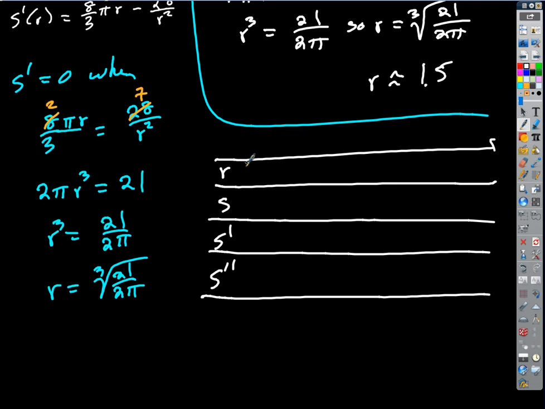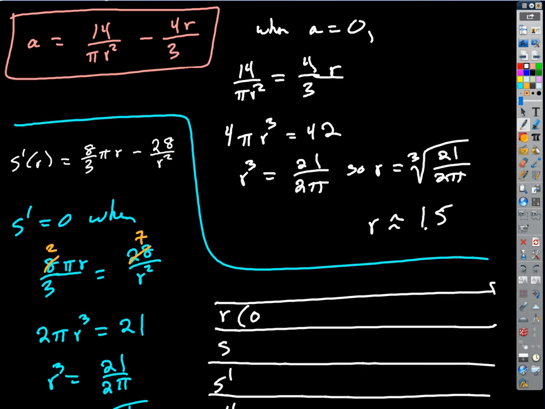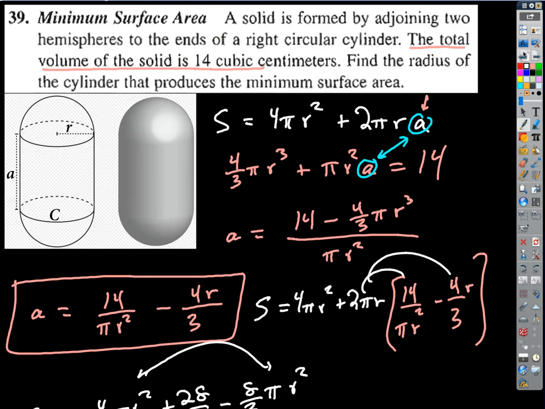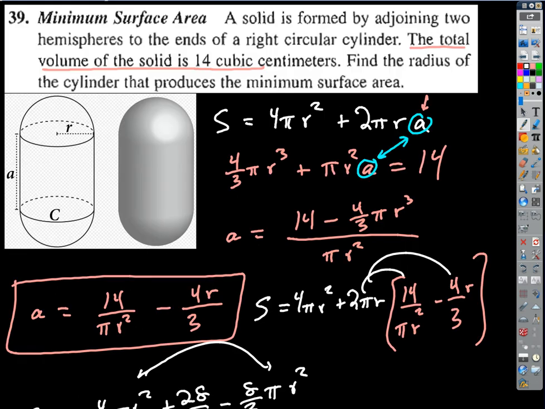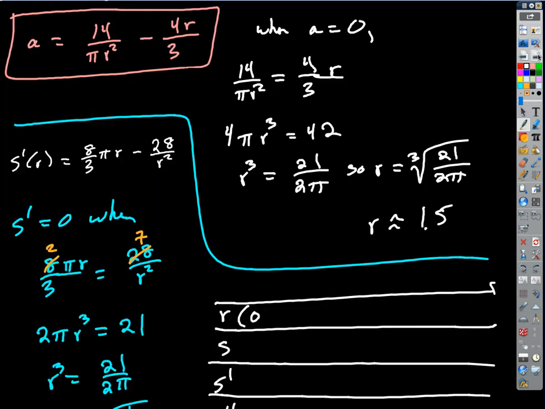Our domain was from 0 up to, actually, there's one small mistake on that domain, because I really shouldn't have put a rounded endpoint on that. How did we get that? We got that by saying what happens when A is actually equal to 0, which it can equal.